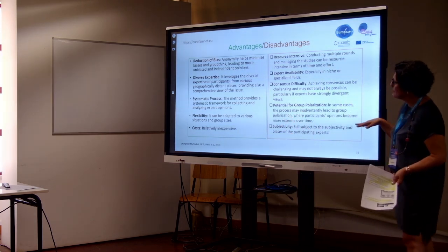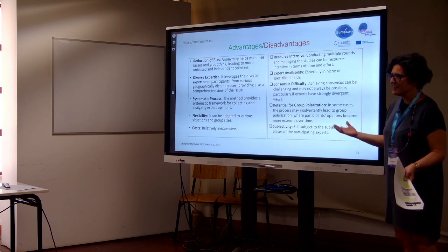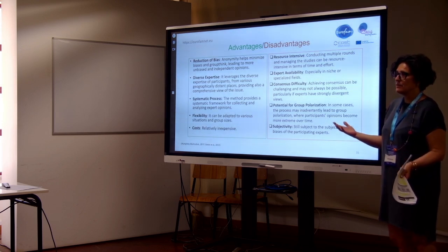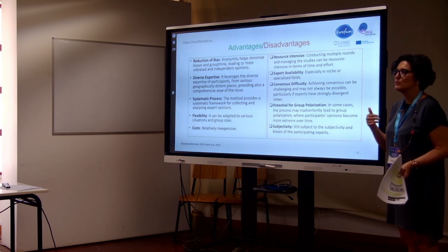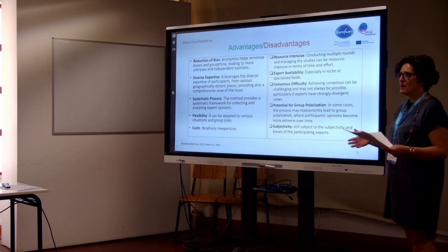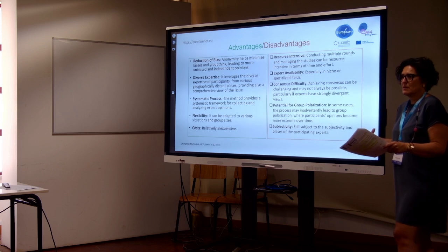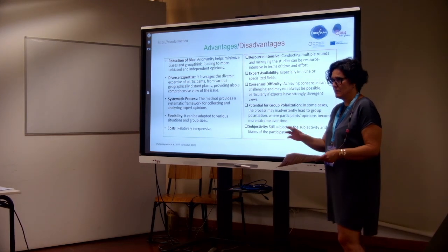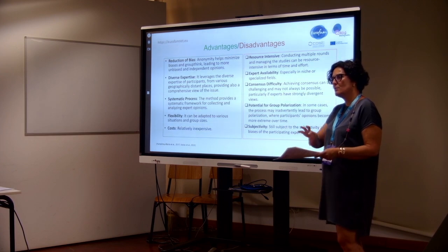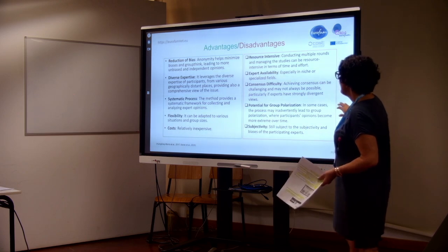There are some disadvantages. For example, a Delphi with 3,000 experts. So we have to have several rounds, and some experts you will lose in the process. So we have to be aware of this risk and perhaps try to design with a smaller group, but a more effective one, because it's very relevant that the group in the end gets the same things.